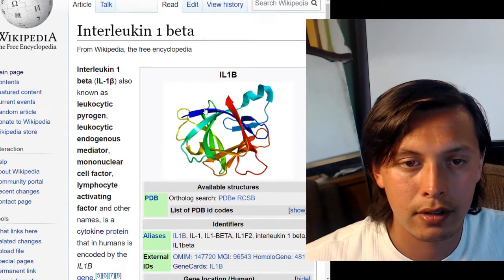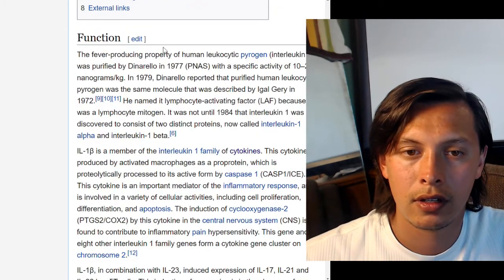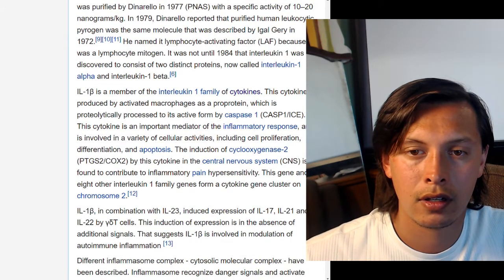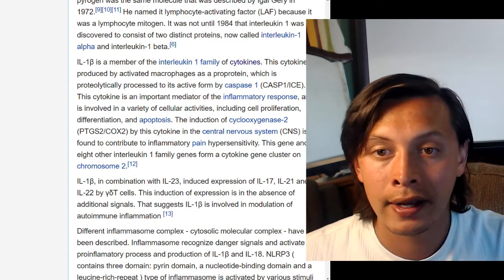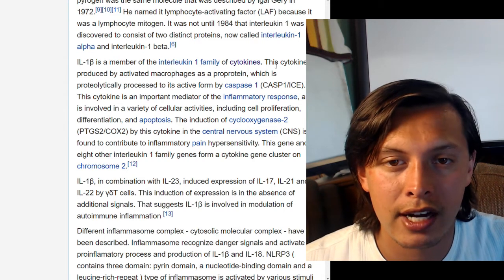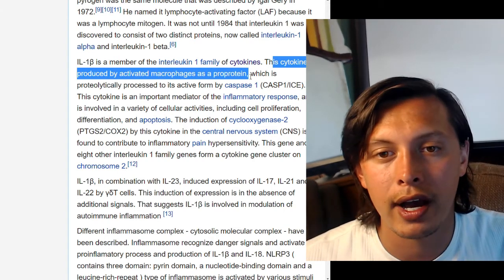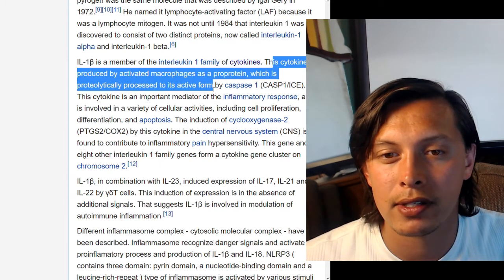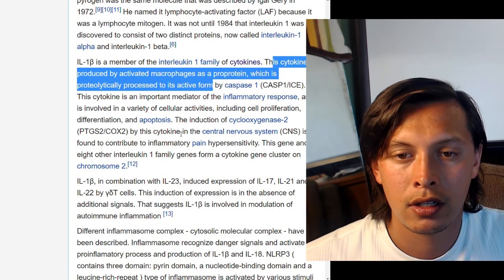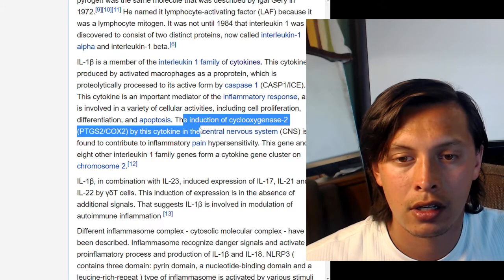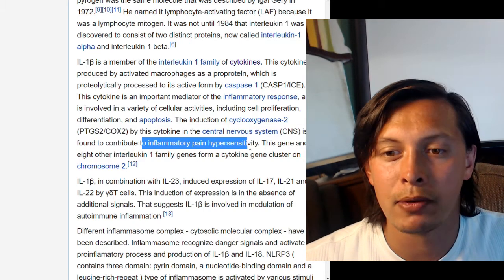Well, let's see. This cytokine is produced and activated by macrophages as a protein, which is proteolytically processed to its active form by caspase 1. So it contributes to inflammatory pain, hypersensitivity.